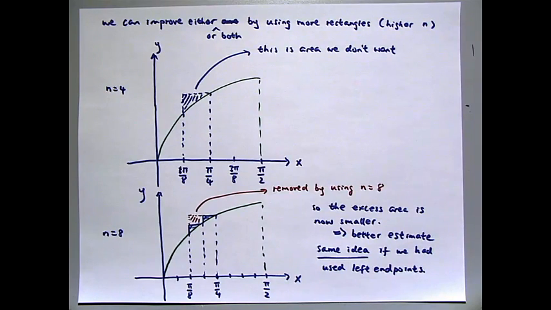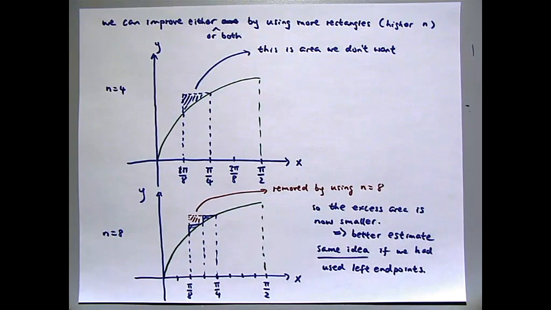So the short story is the more you use, the better it is, regardless of which one you use. Now, if you can somehow manage to use infinitely many rectangles, then the area would actually be exact. If you could use infinite rectangles, the area you get would no longer be an estimate, but would be exact. But the more you use, the better it is.